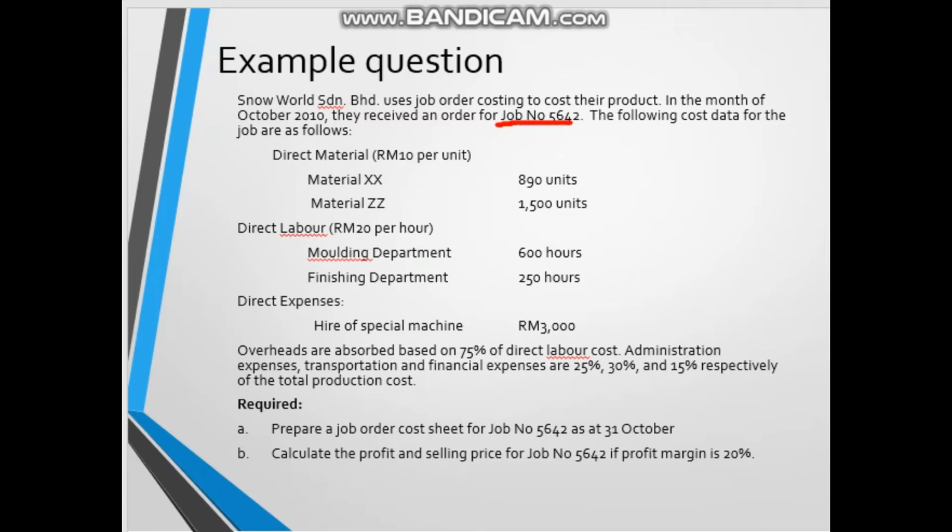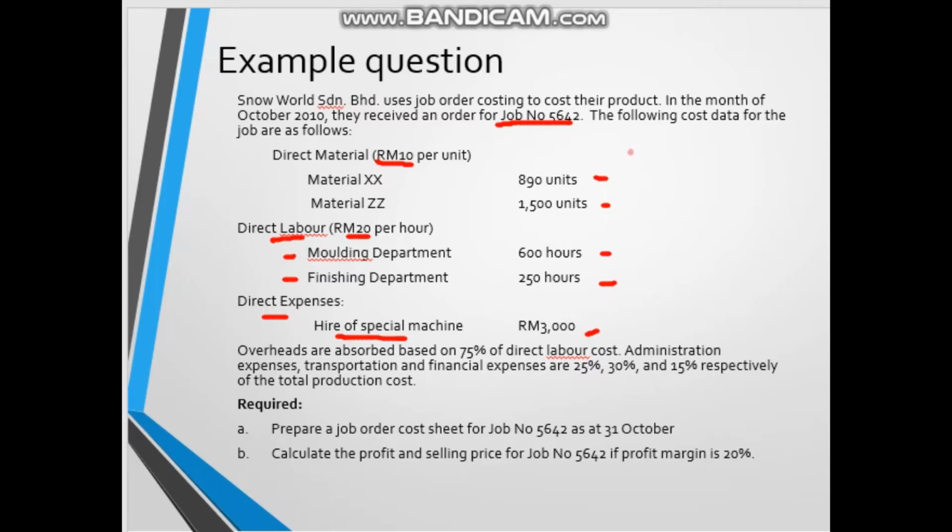For material XX we have 890 units, and for material ZZ 1500 units, and the material cost is 10 ringgit per unit. What about direct labor? We have 20 ringgit per hour, with the molding department and the finishing department. These are the hours: 600 and 250 hours. Then direct expenses: we have the hire of a special machine, which is 3,000.